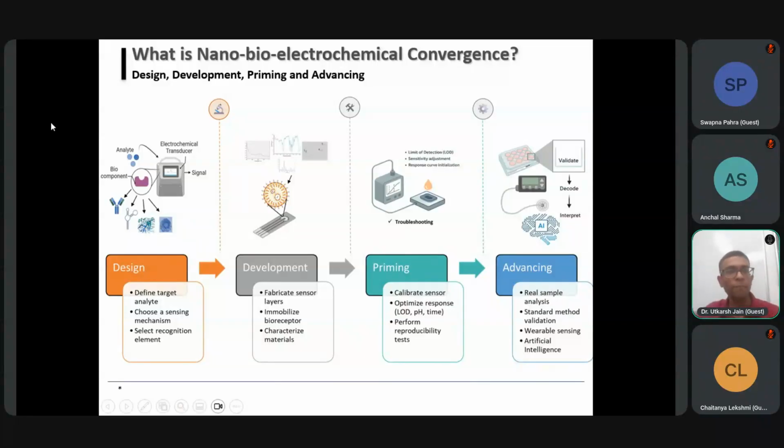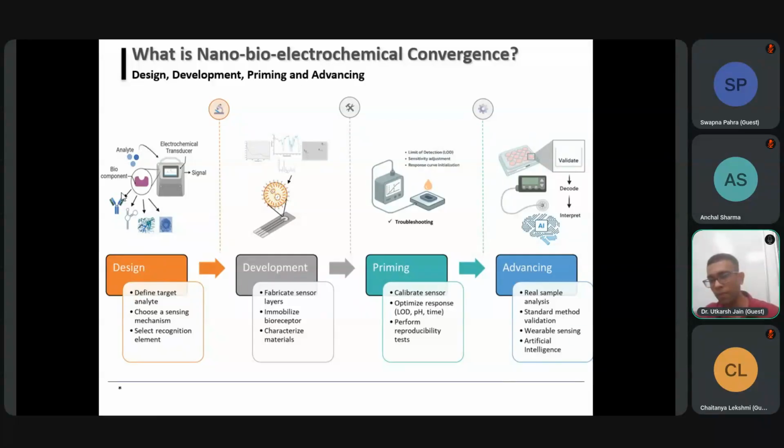We are going to detect a particular analyte in a given sample. If I'm working on biomedical devices, then a biosensing device should have an analyte which is a particular disease biomarker.